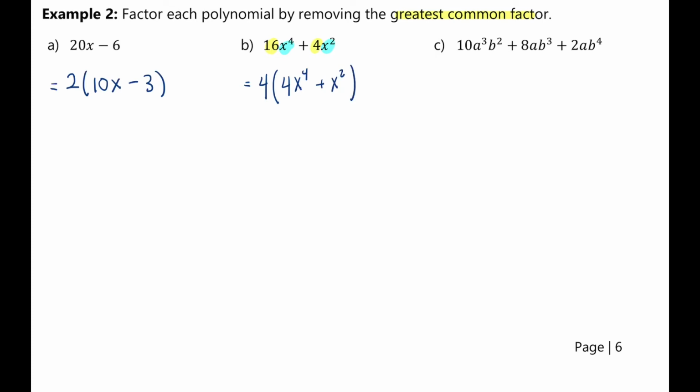I see one more thing we can take out, which is the x. The biggest common factor I can take out within the bracket would be x squared. So we're left with 4x squared plus 1. So that's it. The GCF of those two terms was 4x squared.